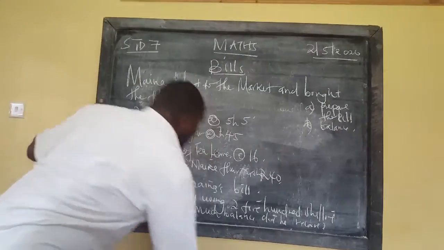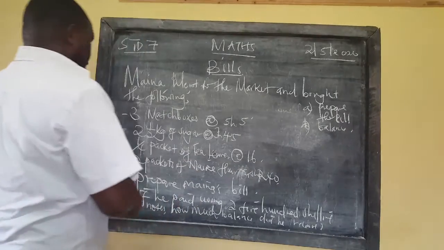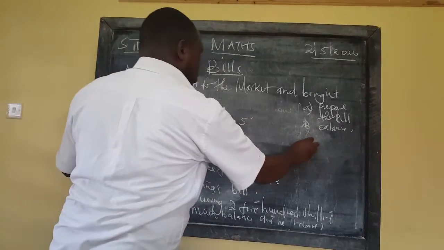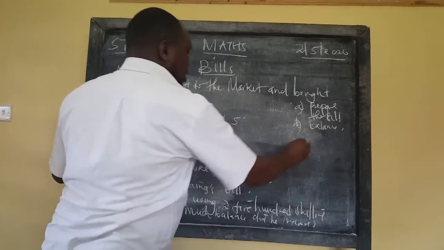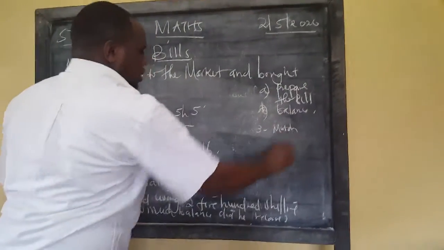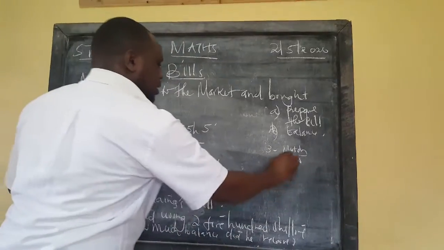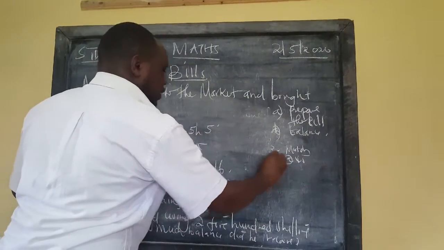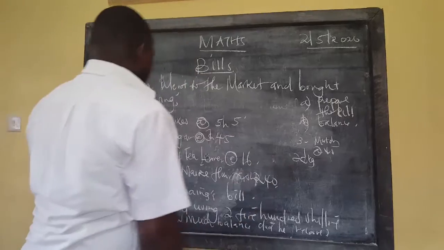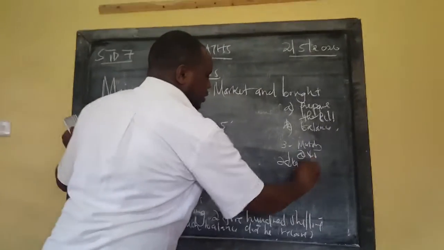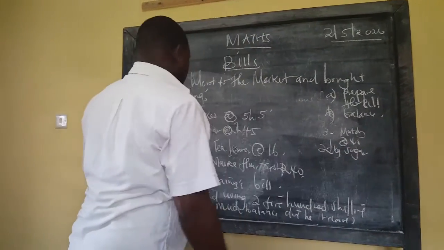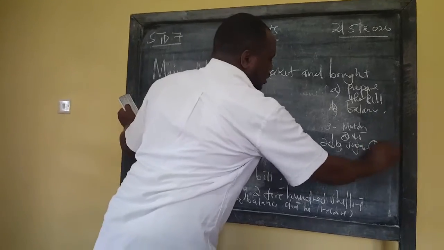So we want to prepare our bill here. Let me just write these items there so that we can wrap on the other side. 3 match boxes at 5 shillings. Then we have 2.5 kg sugar at 45 shillings.